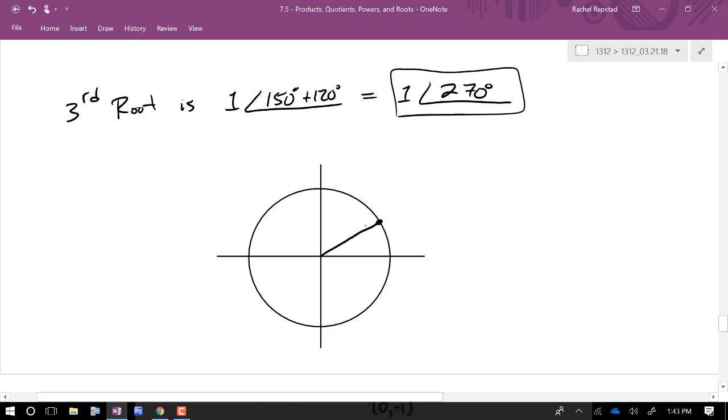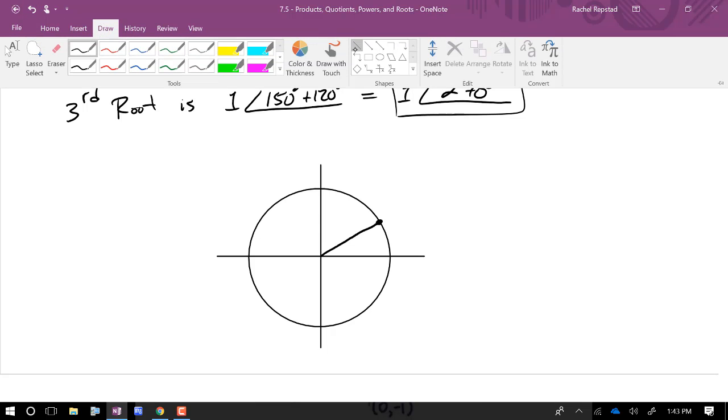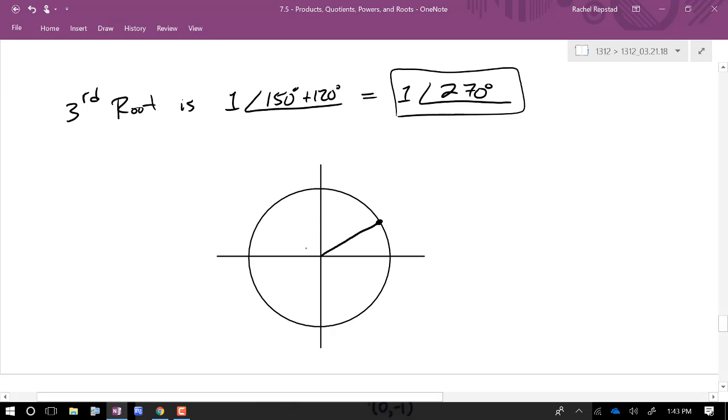Our second one had an angle of 150 degrees. And our third one had an angle of 270 degrees.